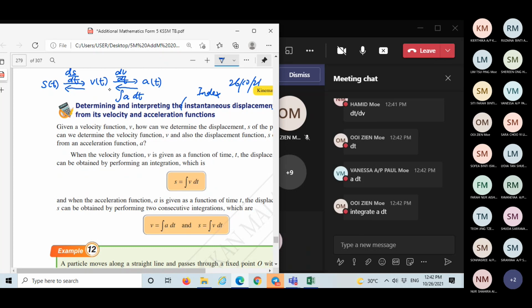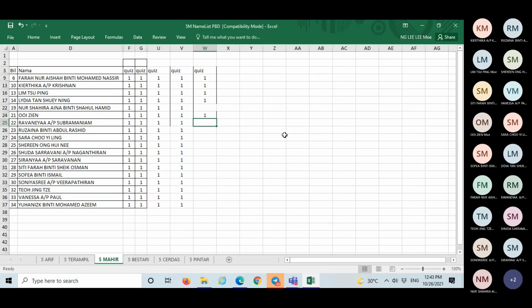Today what we're going to learn is, if we want to find s, what we have to do, if we have A, is do this to get the V. Then after that we have V, you do one more time to get the S. Anyone want to try? I give you 1 mark.